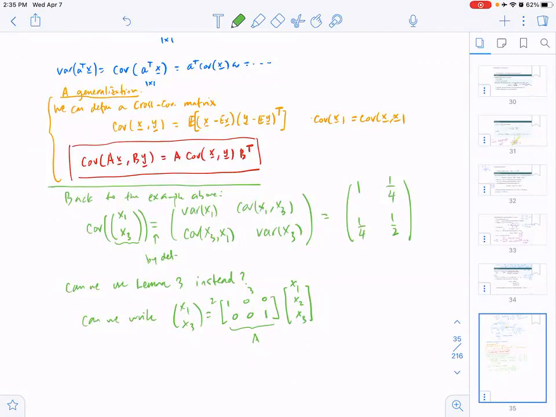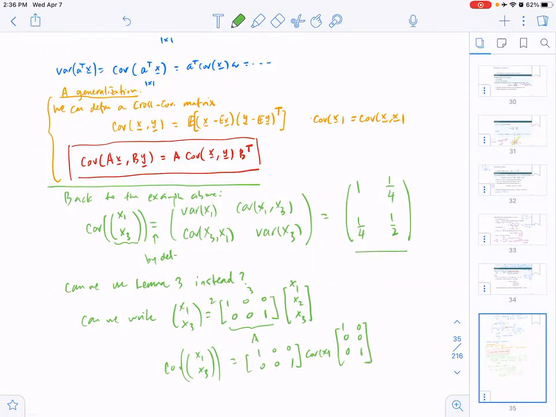And then you can write down the covariance of x1, x3 as A, which is 1, 0, 0, 0, 0, 1, times the covariance of X, and then times A transpose, which is 1, 0, 0, 0, 0, 1. And then you multiply out, and you would get this. So this operation would choose that particular submatrix.